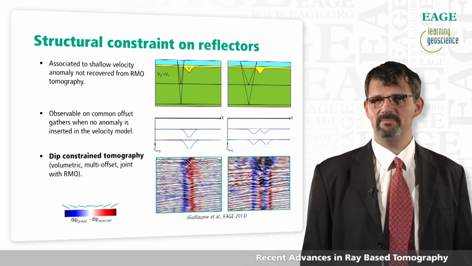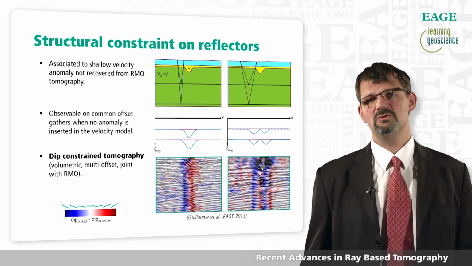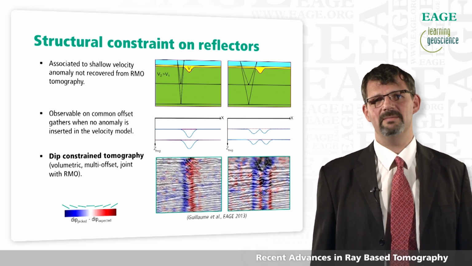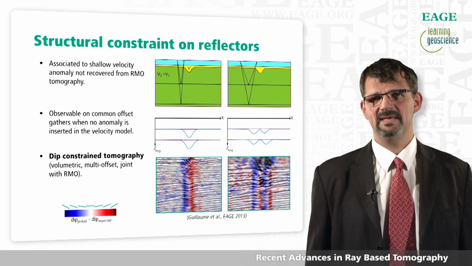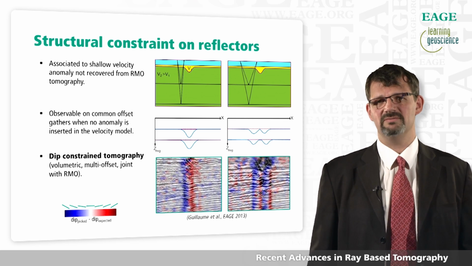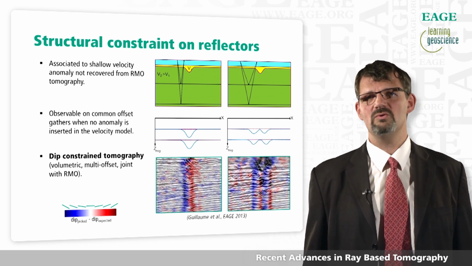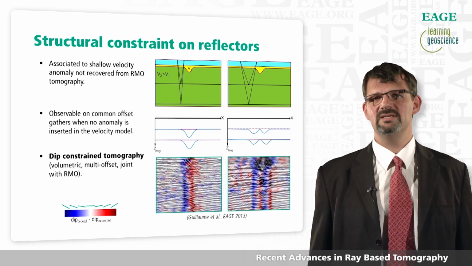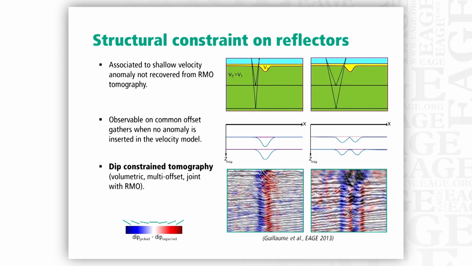You have what you have picked in terms of dip and what you would like to expect in terms of dip. So you can use picking in a volumetric way on a multi-offset gather. You have a way to constrain the velocity model jointly with the RMO information in your tomographic update.